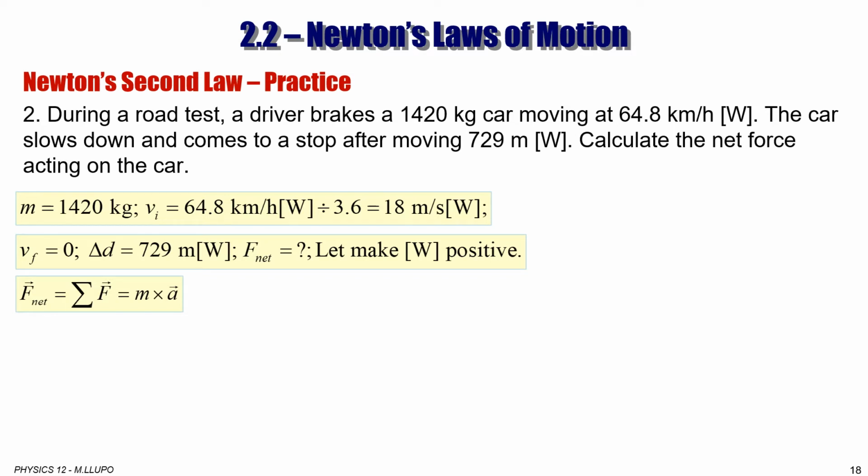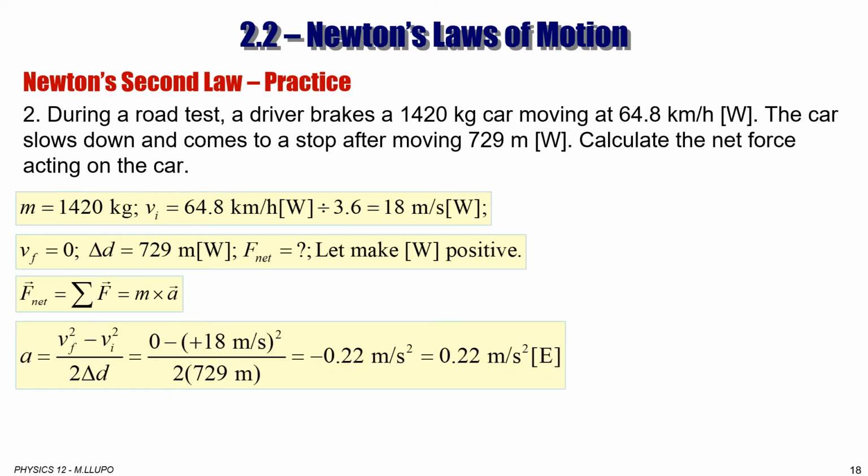To make it easier, we can make west positive. So acceleration is 0 minus 18 squared, meters per second, divided by 2 times 729, which is minus 0.22 meters per second squared.